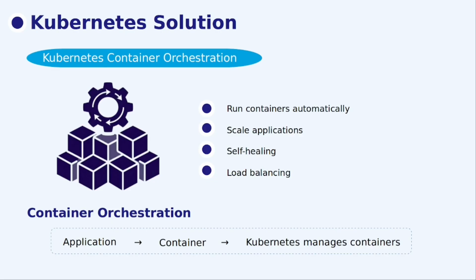For example, Kubernetes can automatically start containers when the application is deployed. It can also scale the application. If we need more capacity, Kubernetes can run additional containers automatically.